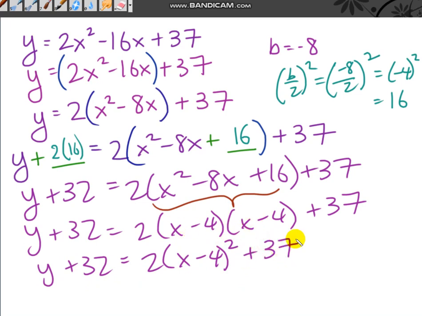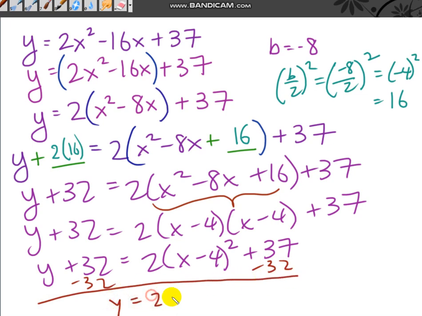Plus 37. Last, we want to get y by itself. In order to do that, we can subtract 32 on both sides. When we subtract 32 on both sides, we get y equals 2 times x minus 4 squared, and then 37 minus 32 is a positive 5.